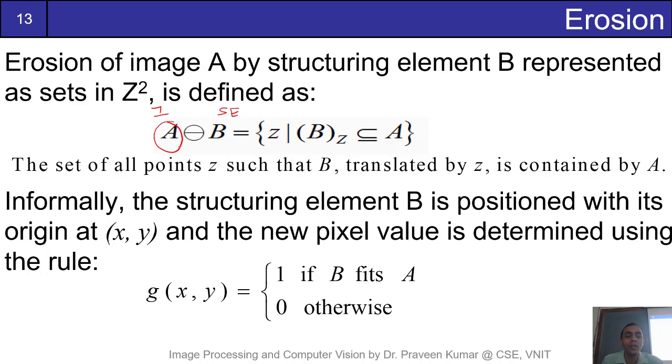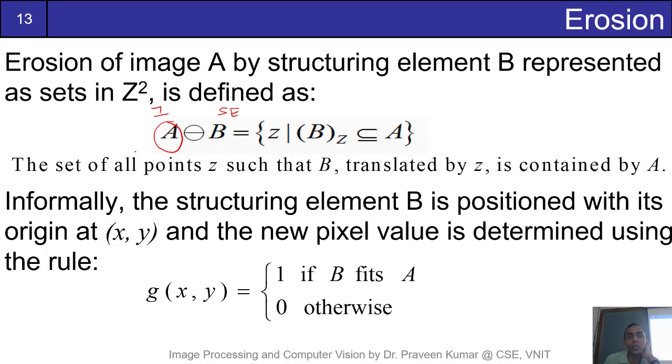Then we say that I'm eroding A with B. Erosion of A with B basically means taking that set B, translating it by z, and then seeing whether after translation that set is a proper subset of A. Proper subset of A means it is a fit. If it exactly fits into that set, then it is a proper subset of A.